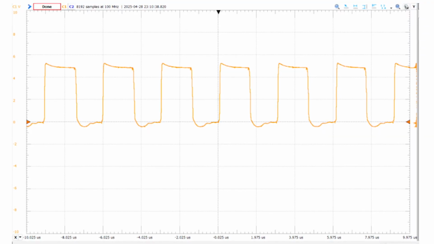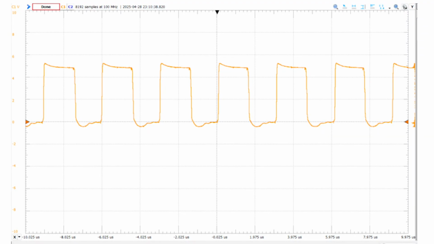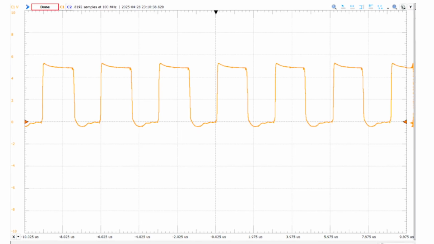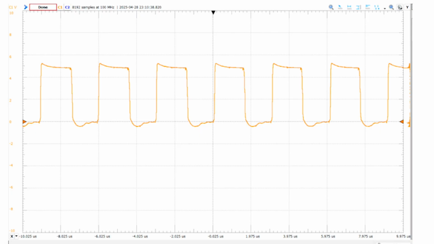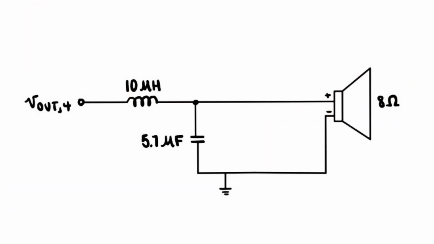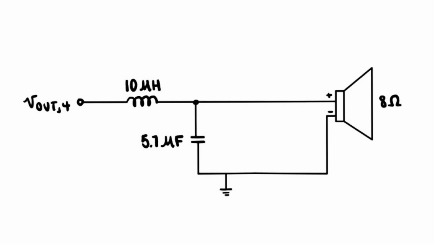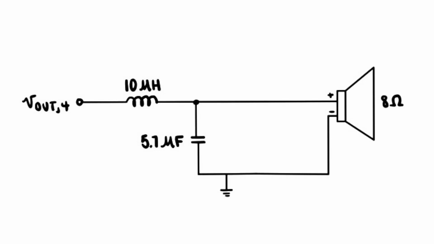Observing the audio signal after the LC filter will provide a direct evaluation of the amplifier's ability to reproduce the original content. So let's take a look at that now. We're at subcircuit 5, the final subcircuit, which is the LC filter and speaker output. So the LC filter's purpose is to remove high-frequency noise from the PWM signal, ensuring that only that smooth analog audio signal passes through the speaker.